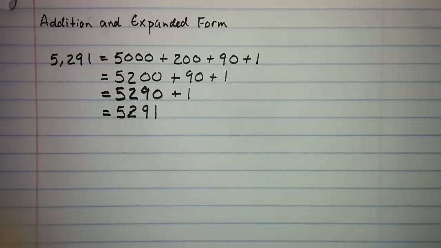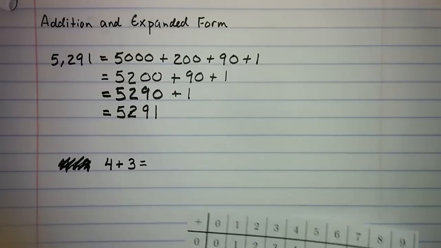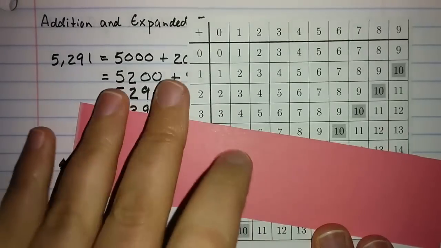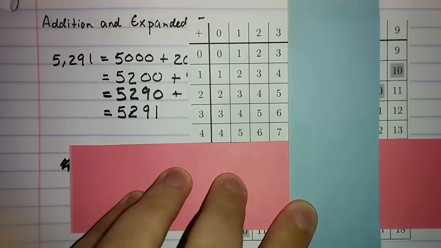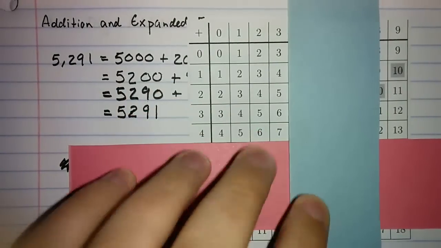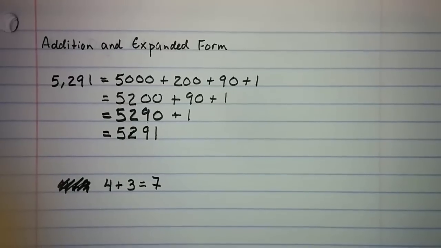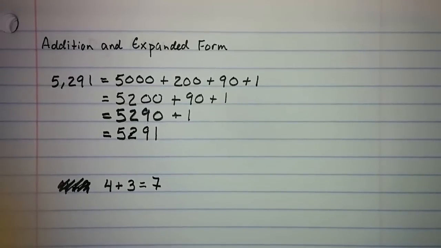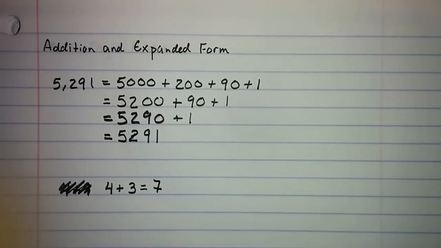Now, from the addition table, we know 4 plus 3, row labeled 4, column labeled 3, that's 7. If we take 4 units and then add on another 3 units, we have 7 units. Great, big deal.